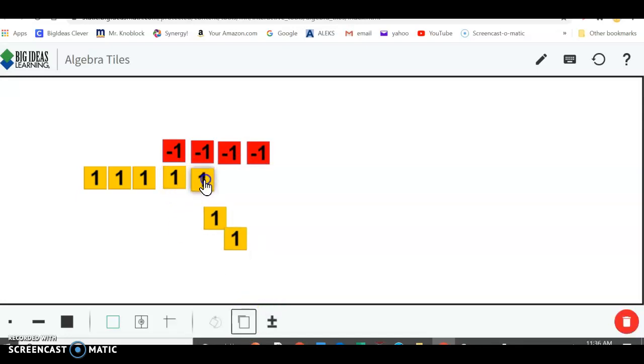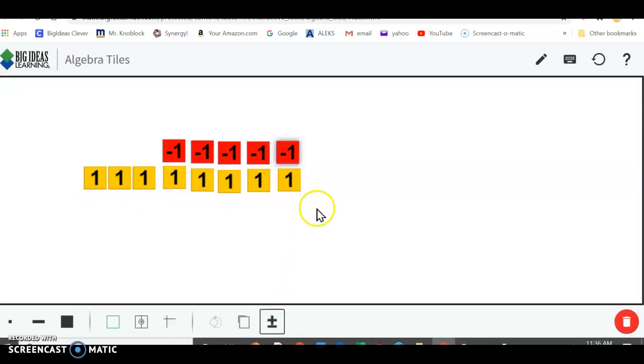So this right here, do I have 8 yet? 8 positives I can take away. 1, 2, 3, 4, 5, 6, 7. So I need another 0 pair. Alright, so now I have 8 positives I can take away. So let's go ahead and take away 8 positives.